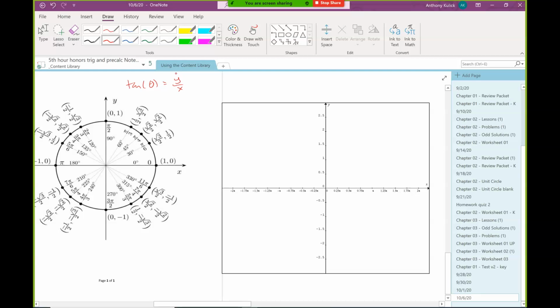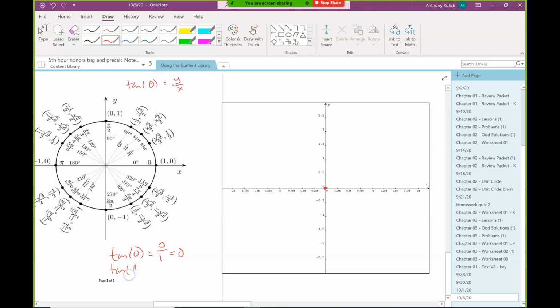So if I look at tangent of 0, that's going to equal y over x, so 0 over 1, which is 0. So there's a point. Tangent of 0 gives me 0, so the point (0, 0). Everybody okay there?